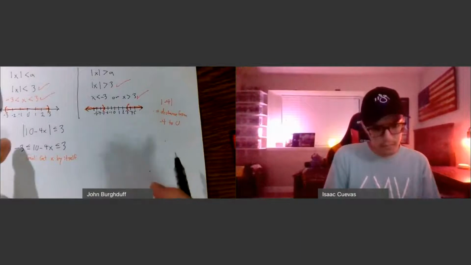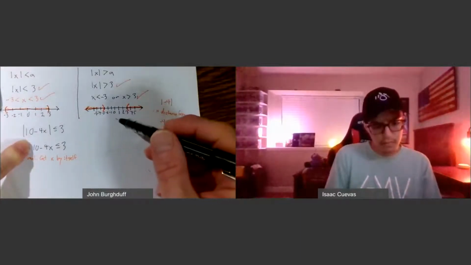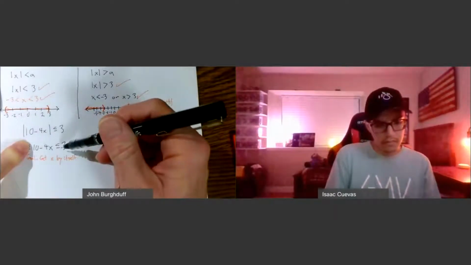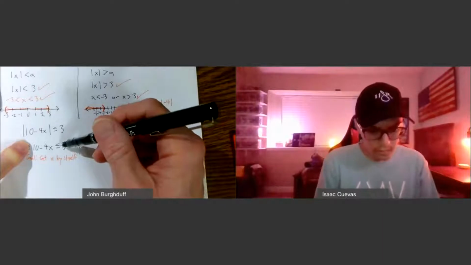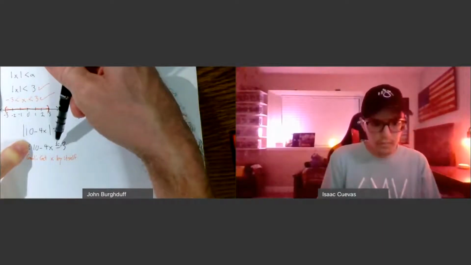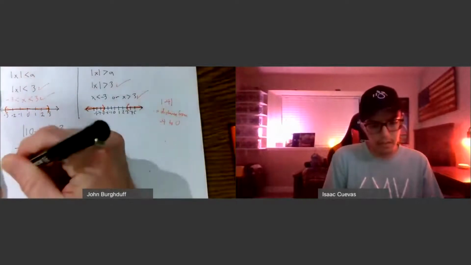And if it helps, what you might do is just cover up one part of this so it looks more familiar. And even think about, well, what if that was an equal sign? What would I do to get the x by itself if say this is all we had and that was an equal sign? What would I do? You would minus 10. Yeah. Subtract 10 from both sides.